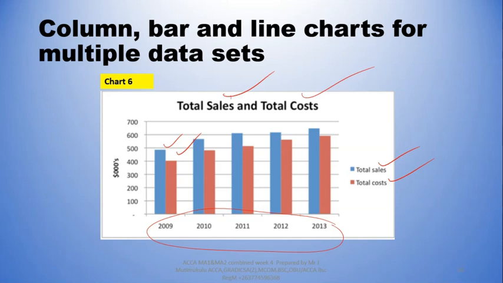However, in terms of the movement of sales and cost, you can notice that in 2012, it seems the costs were increasing at a faster pace than the rate at which the sales were increasing.